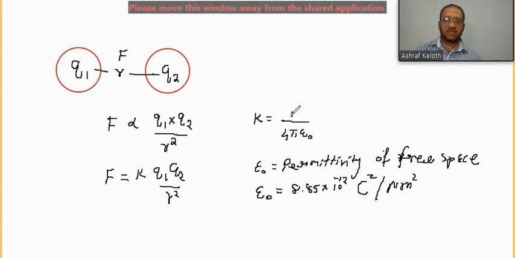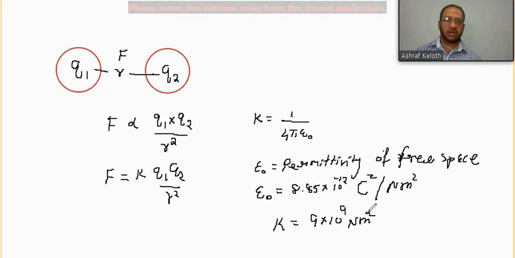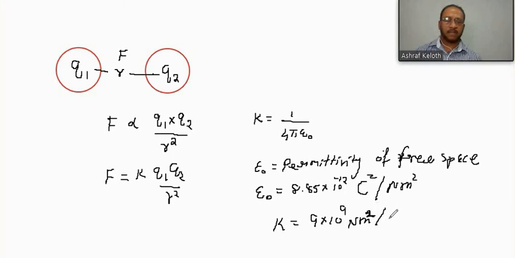So if you substitute the values, 4, pi as 3.14, and epsilon naught as 8.85 into 10 raised to minus 12, we get the total value of the constant K equal to 9 into 10 raised to 9, in units of Newton meter square per Coulomb square.